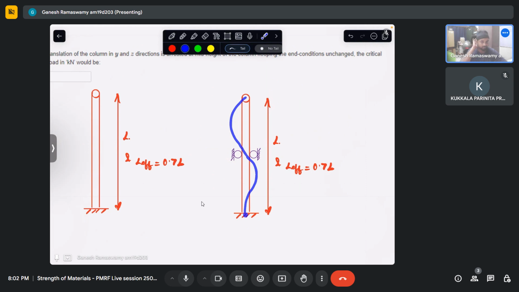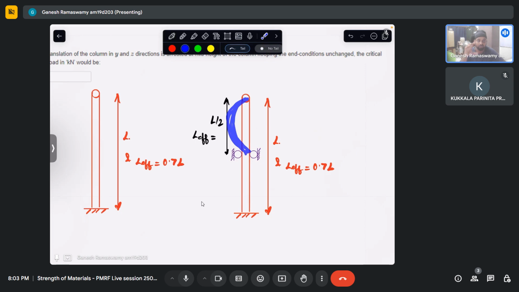So in such a case, what happens? This is L by 2, and L effective for this small portion, here rotation is allowed. On the top anyway rotation was allowed. So this is behaving like a pinned short column.